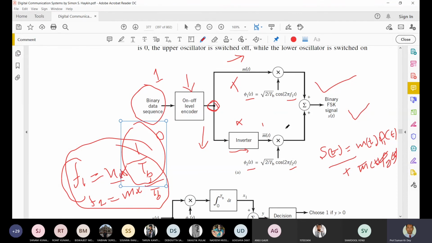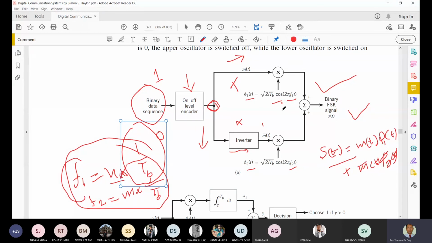If we use the voltage controlled oscillator, without synchronizing F1 and F2, we may achieve phase continuity in these two signals. So if we use the voltage controlled oscillator, there is no need for synchronization between these two oscillators.